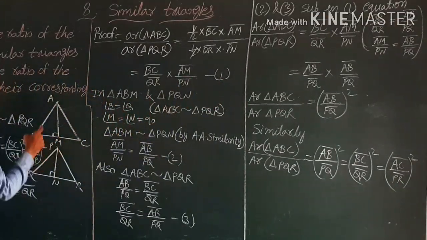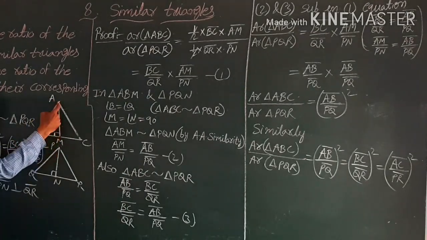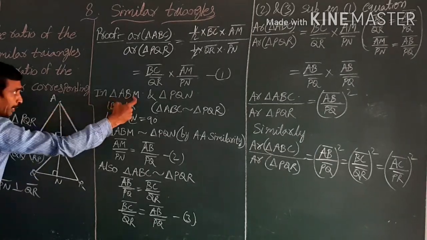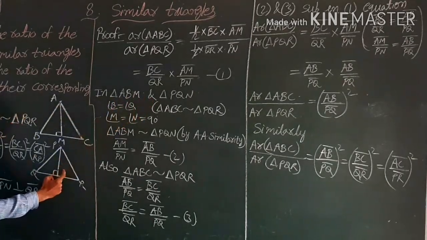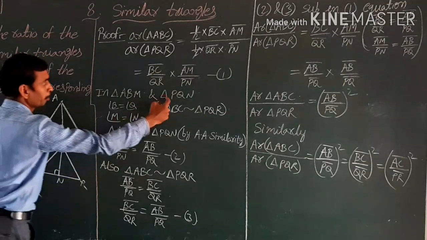Next, here we take triangle ABM and the next triangle PQN.